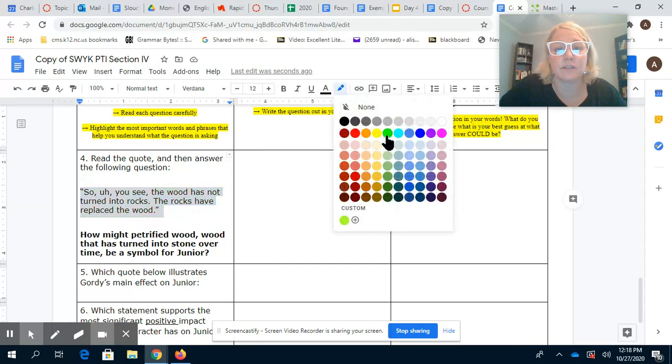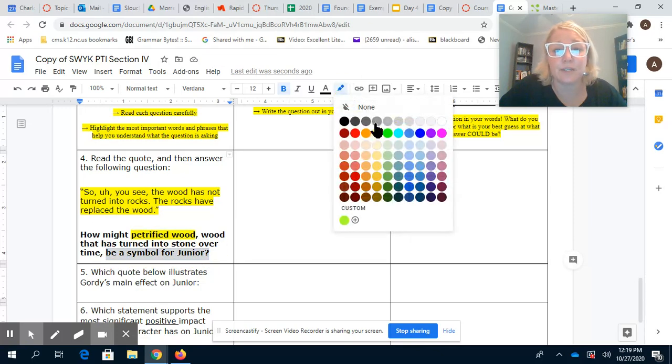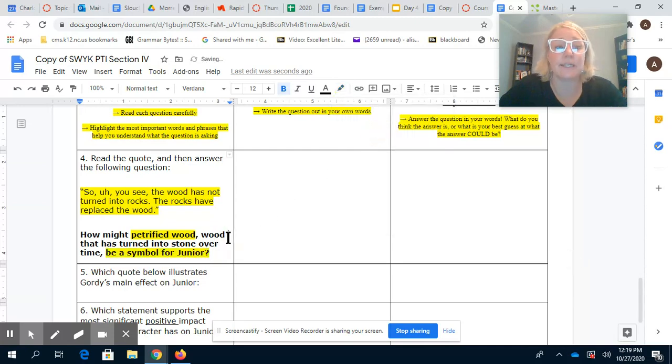And then it says, how might petrified wood, so that we're talking about the symbol itself, be a symbol for Junior? Okay, so I have to answer, how is it a symbol? Not just that, yes, it is a symbol, but how?